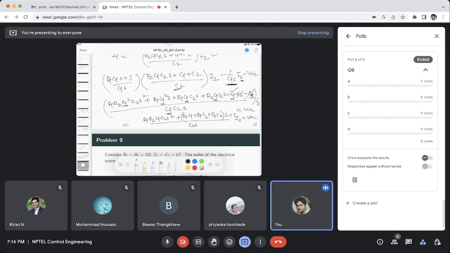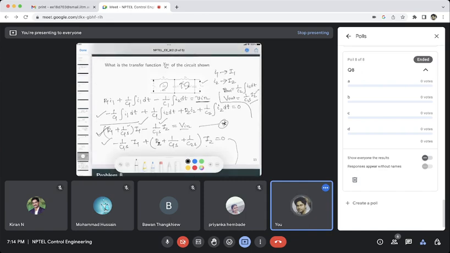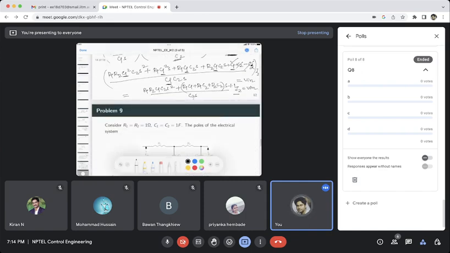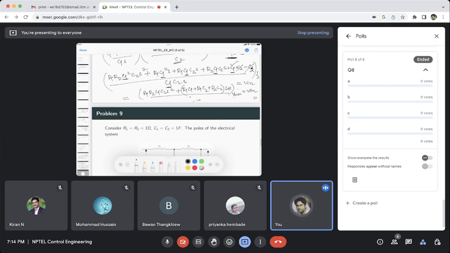But we know that I2 by C2 s is V out. So this whole expression can be written as V out, and then V out by V in is just the reciprocal of this term: 1 by R1 R2 C1 C2 s square plus R1 C1 plus R2 C2 plus R1 C2 s plus 1.